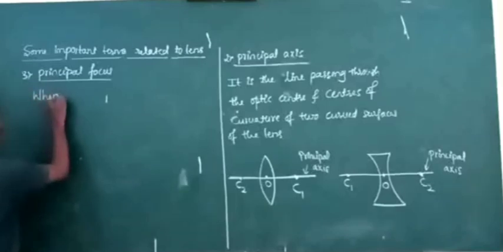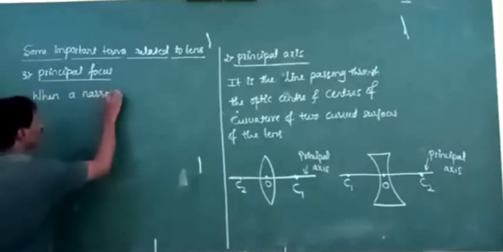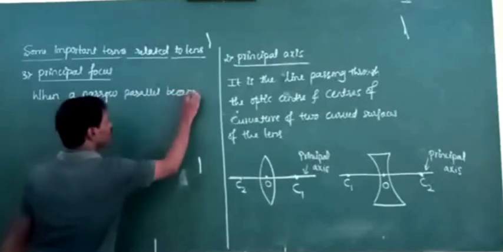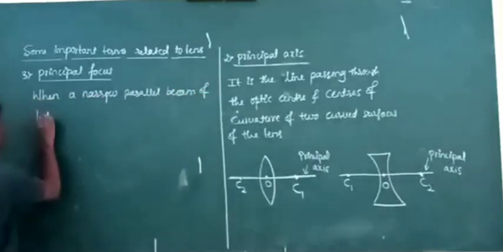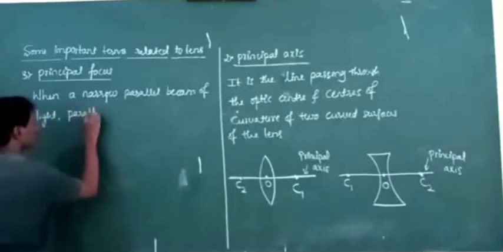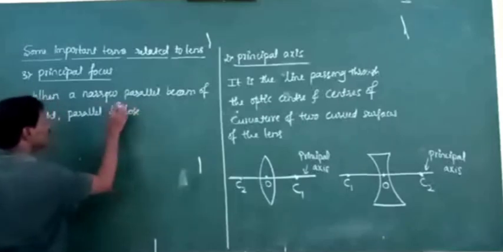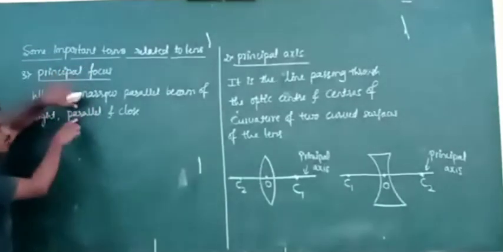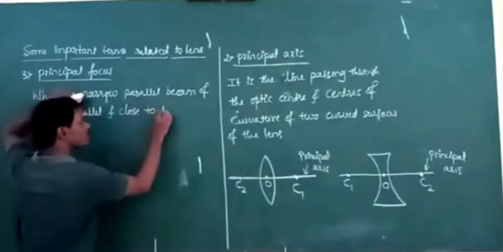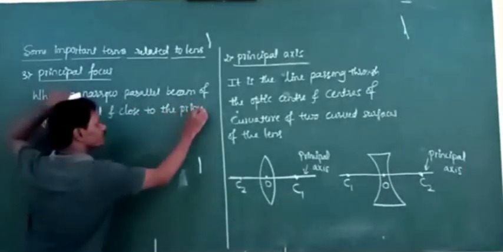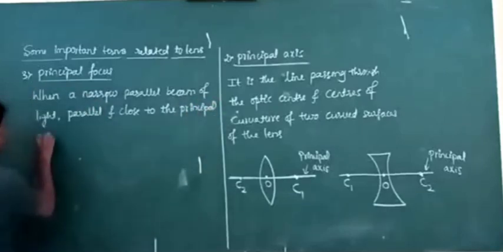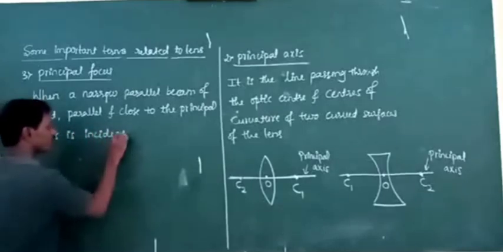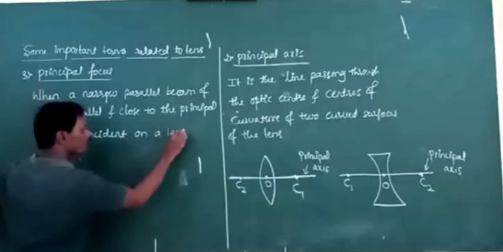When a narrow parallel beam of light, parallel and close to the principal axis, is incident on a lens, whether it is convex or concave, after refraction. Here a narrow parallel beam of light means the light rays are parallel to each other, and this beam is close to the principal axis.